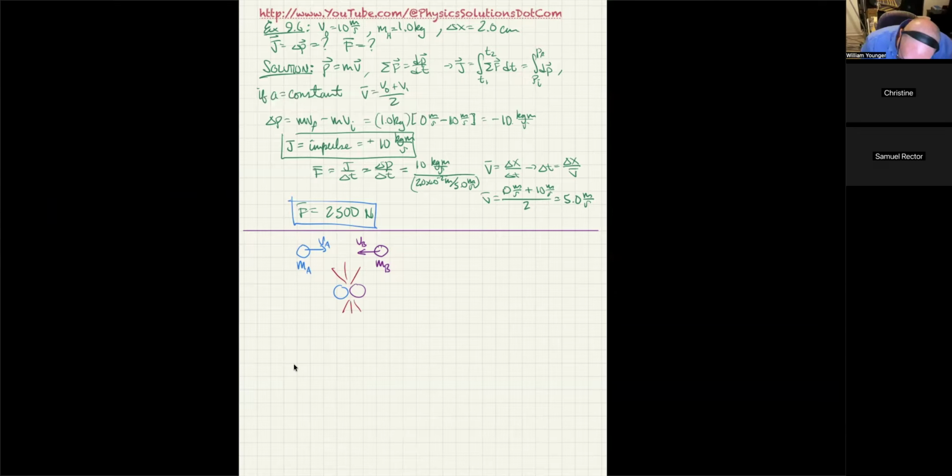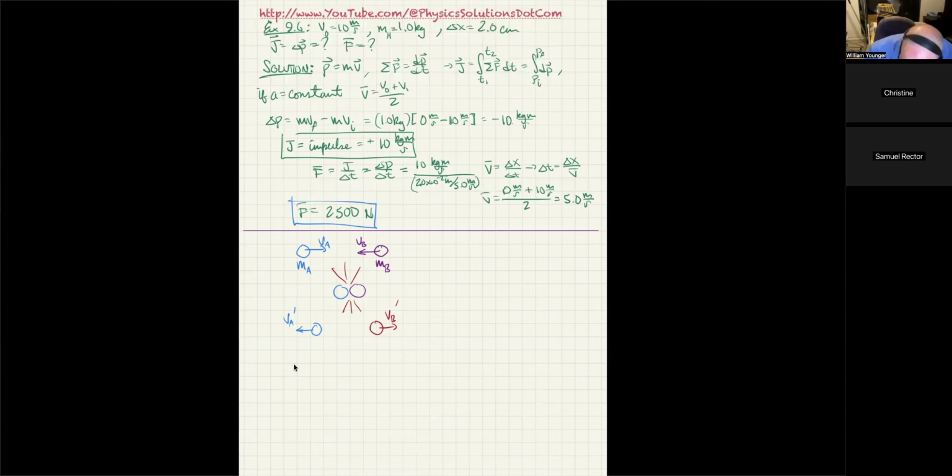But after the collision, the blue ball is going to be moving to the left with a velocity va prime, and the red ball would probably be moving to the right with a velocity of vb prime. Those are the symbols that we're going to use throughout this, including in the two-dimensional collisions as well, instead of just the one-dimensional. So the velocities before the collision are just a and b, but the velocities after the collision are a prime and b prime.